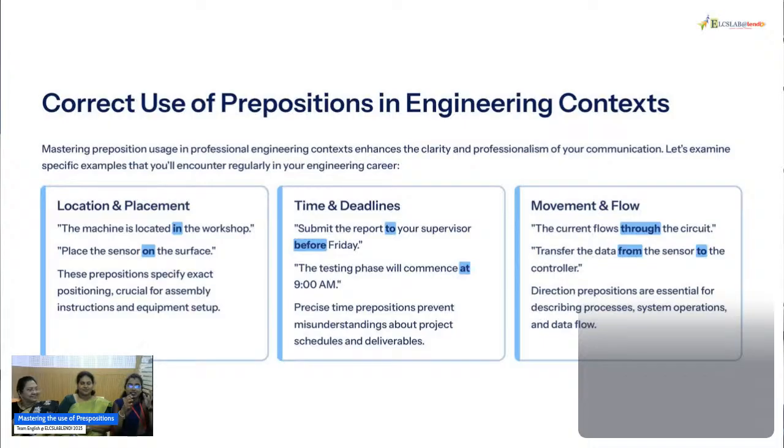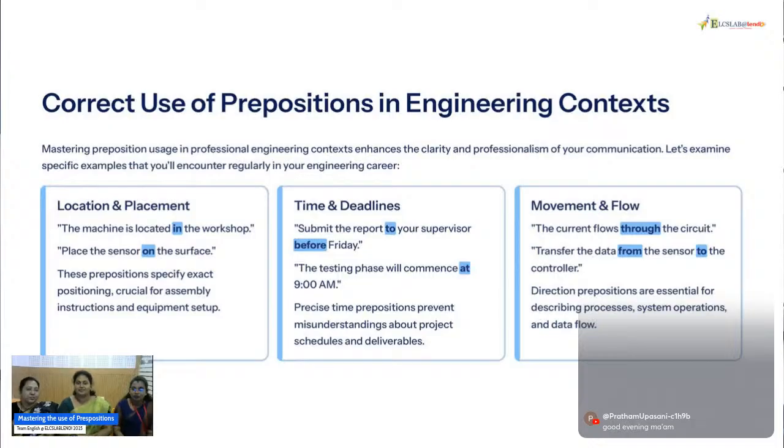So it always allows you to prevent misunderstanding. And also, the testing phase will commence at 9 a.m. It is clearly showing a particular point of time, at 9 a.m. itself. You should not cross the deadline. So obviously you'll understand these prepositions are used to schedule meetings or deadlines, whatever.